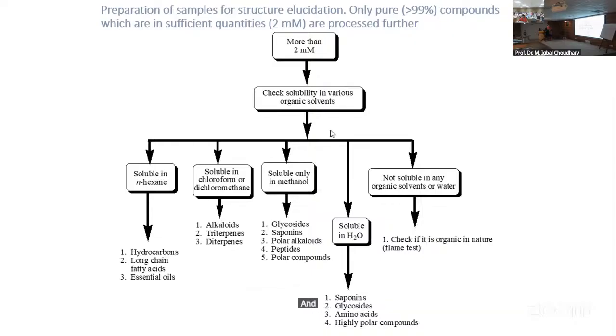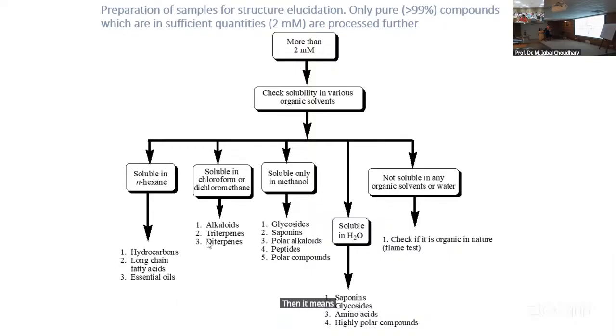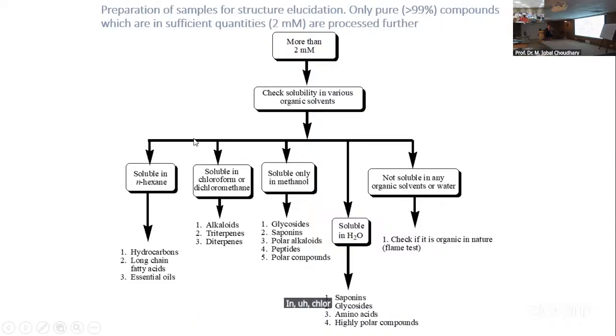And then if your compound is soluble in chloroform or dichloromethane, then it means these could be alkaloids, triterpenes, diterpenes, etc. These are the classes that are soluble in chloroform, or flavonoids. There are many classes.